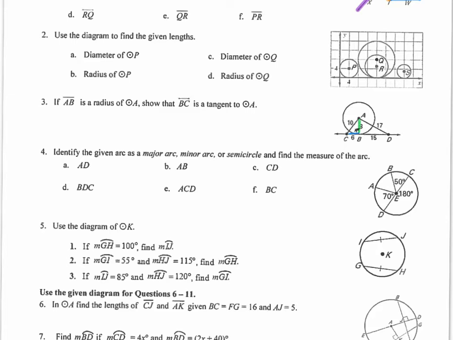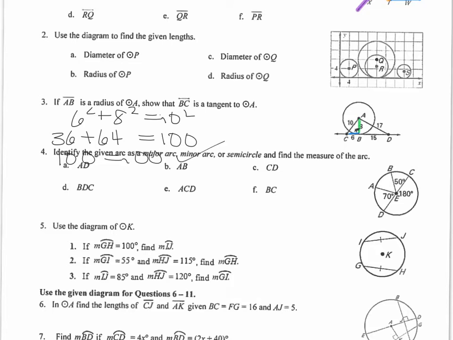So for it to form a 90-degree angle, I better make a right triangle. So I got to test the Pythagorean theorem. So 6 squared plus 8 squared equals 10 squared. So 36 plus 64 equals 100. 100 equals 100. So, yep, BC would be a tangent line to circle A.